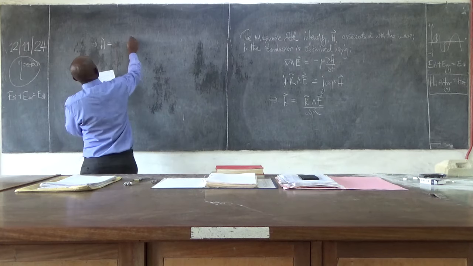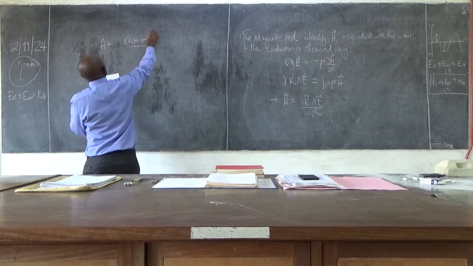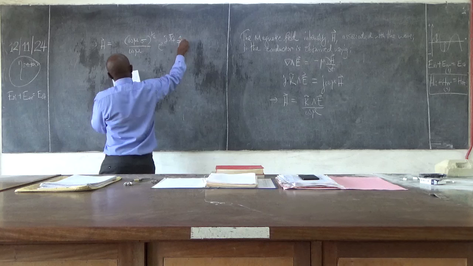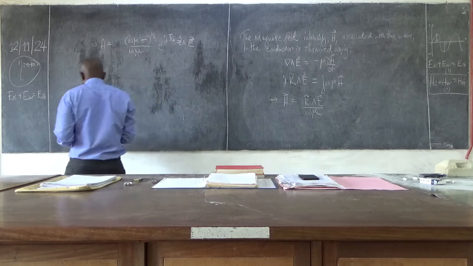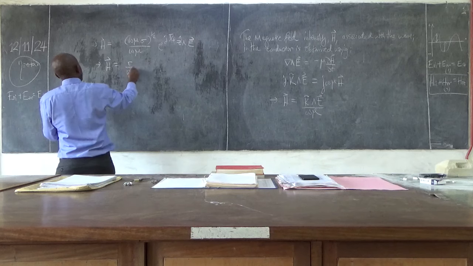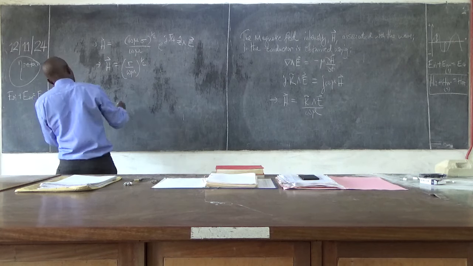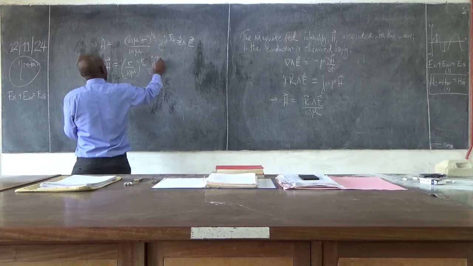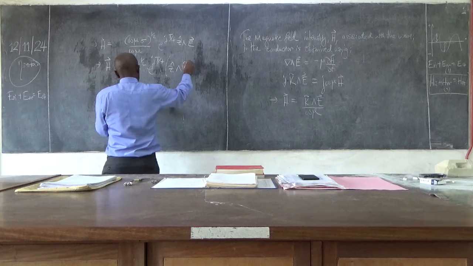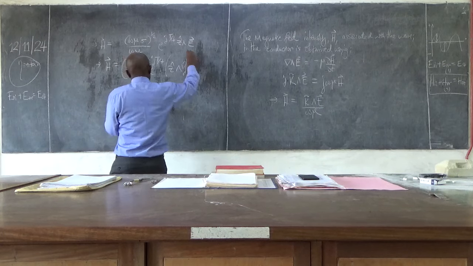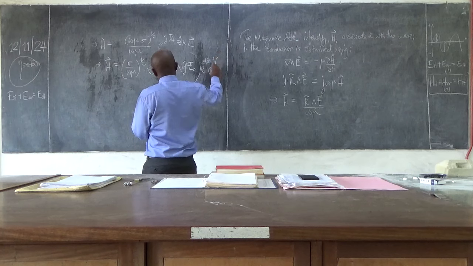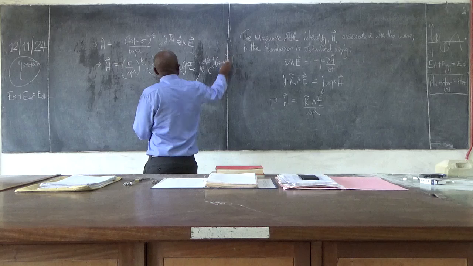So H would be the same as (omega mu sigma)^(1/2) over omega mu, exponential j pi over 4, then z cross E, and then we would have H being the same as (sigma over omega mu)^(1/2) exponential j pi over 4, then z cross y E naught, and then we have exponential minus alpha z, exponential j (alpha z minus omega t).